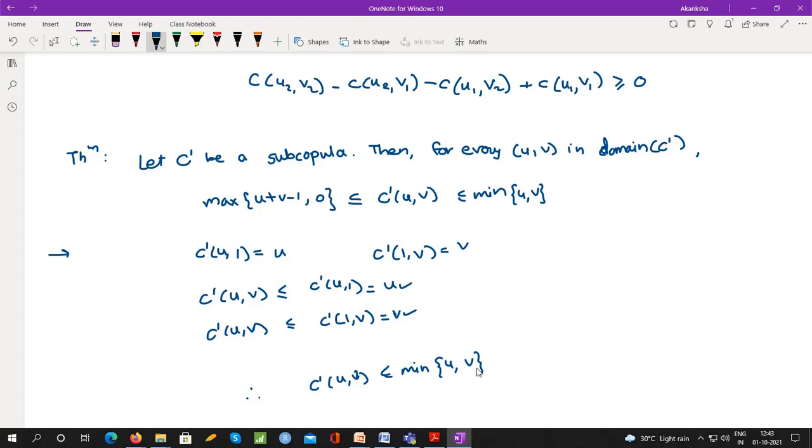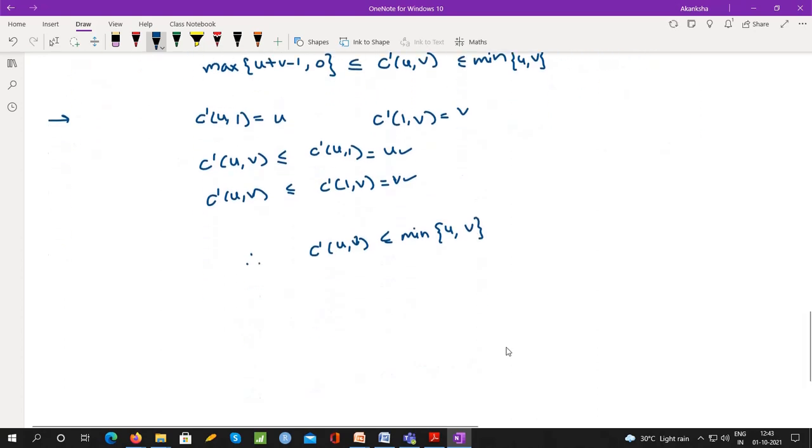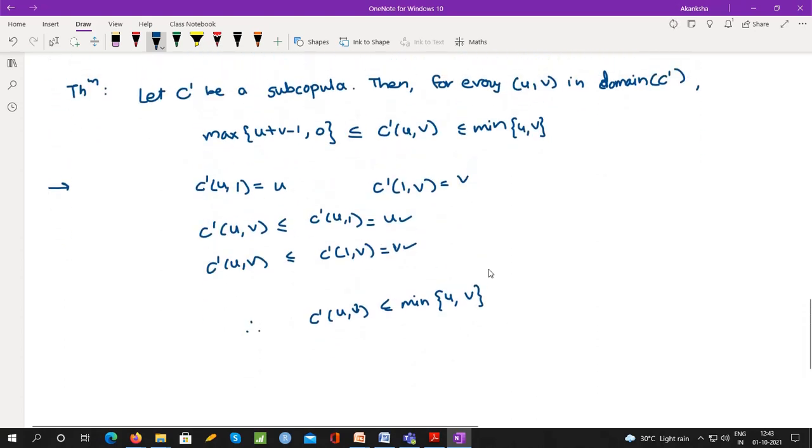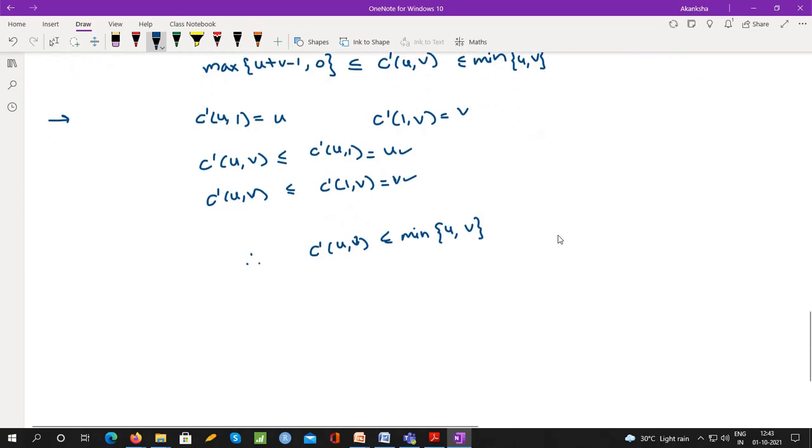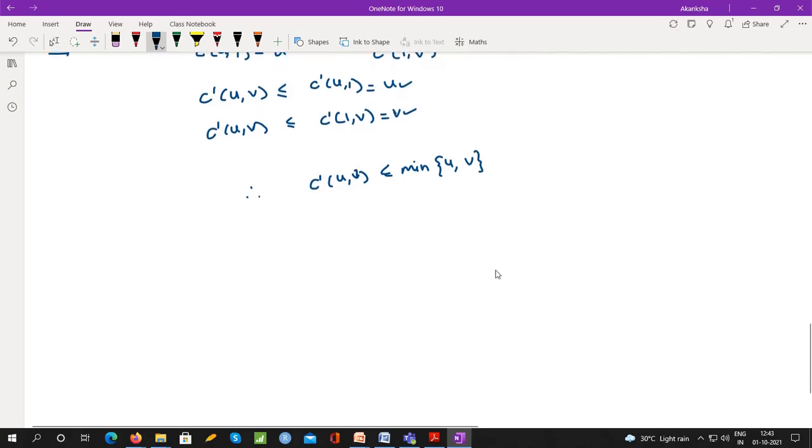I hope my u and v are identifiable, distinguishable. Okay, so actually we have already proved one part of this inequality, the second half of the inequality. We have to now worry about the first half. For that we will talk about H volume. So here with respect to copula, it will be kind of like C volume.